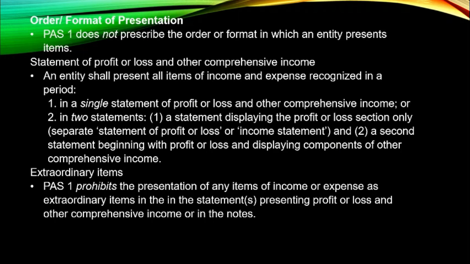We have the single statement of profit and loss and other comprehensive income, or two statements: displaying the profit and loss section only, a separate statement of profit and loss or income statement, and the second is a statement beginning with the profit and loss and displaying the components of other comprehensive income.